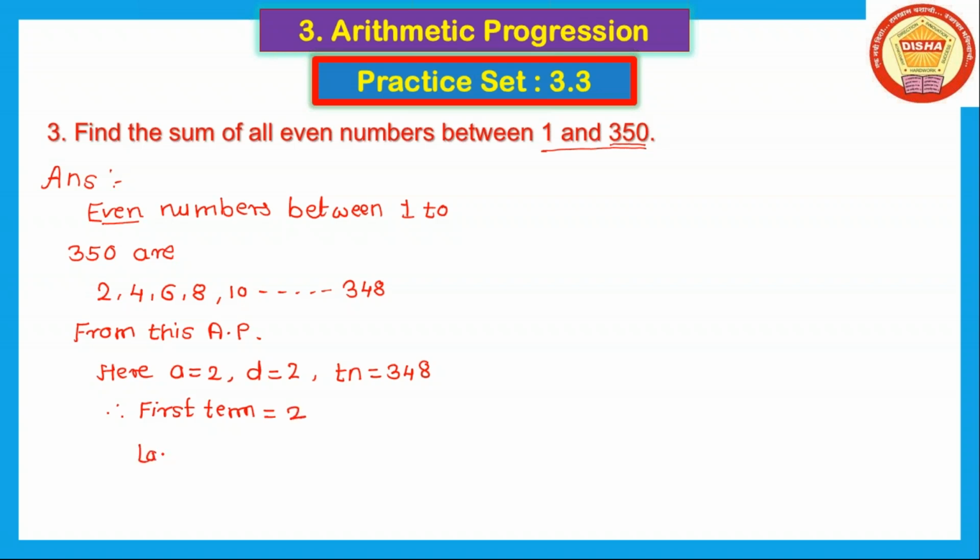And the last term in the given AP is also given. Last term means we consider Tn, which is equal to 348. The first term is given, the last term is given, and we have to find the sum of all those even numbers. So here we use the formula Sn is equal to n upon 2 in brackets first term plus last term.